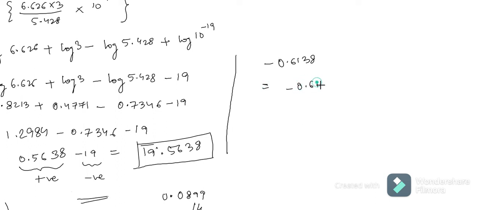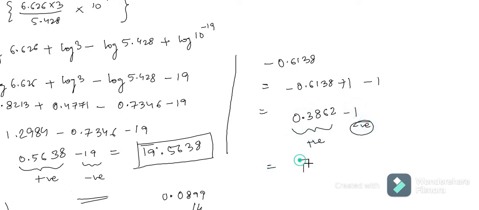Simply add a 1 and then subtract a 1. After adding 1, we will get minus 1. Now this is a positive part, this is a negative part. So 1 bar point 3862, but the decimal is in the positive part. Try to work out some questions. Wherever you have got this, you can continue in the anti-logarithm table.